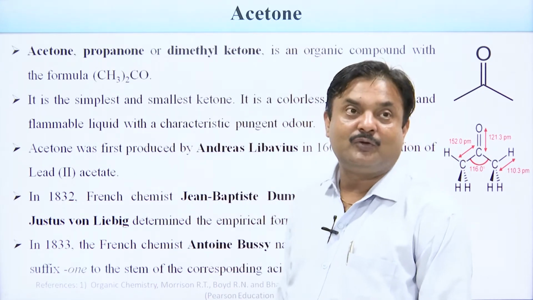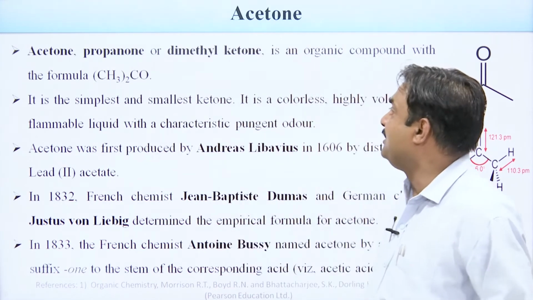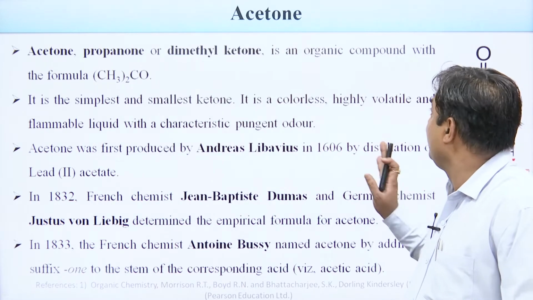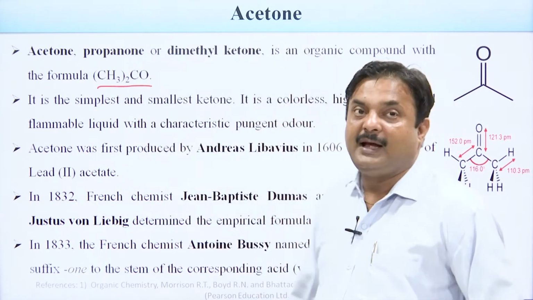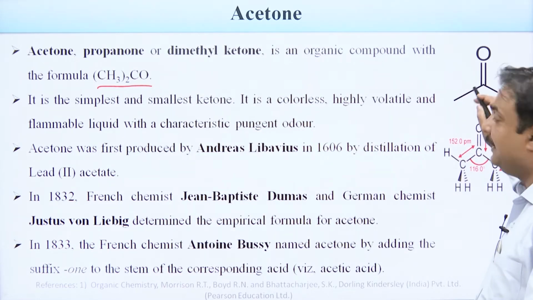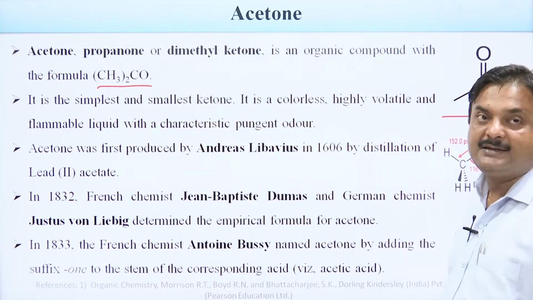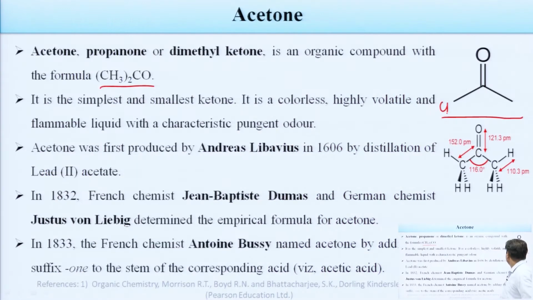Acetone, which is also known as propanone or dimethyl ketone, is an organic compound with the formula (CH3)2CO, and the structure is CH3COCH3. You are well aware of that. You can analyze the structure of acetone a little bit in depth by the structure I have provided in the slide.